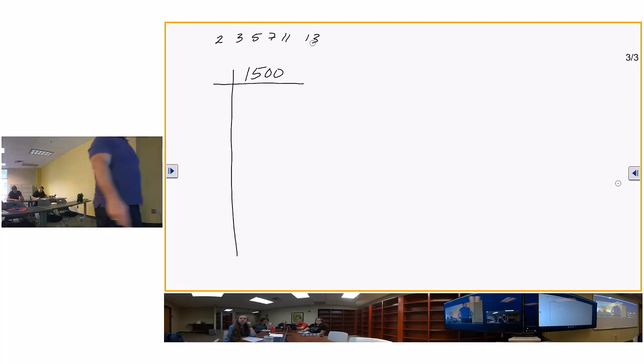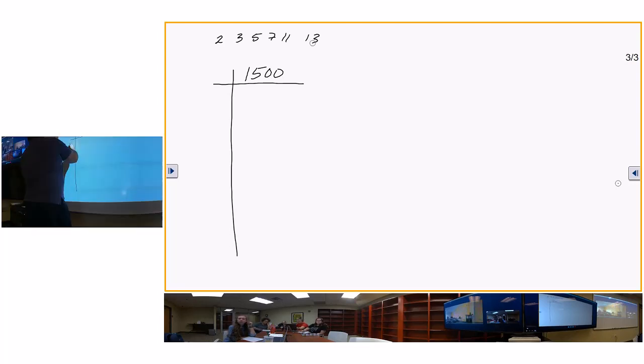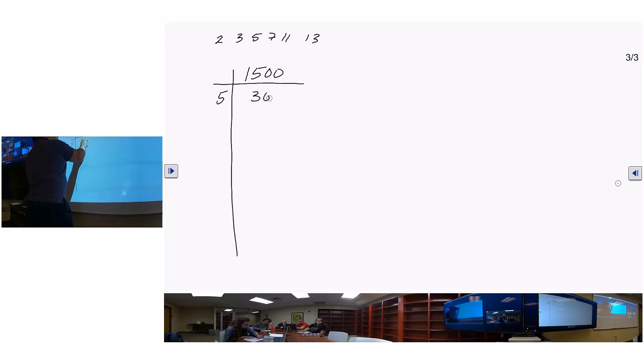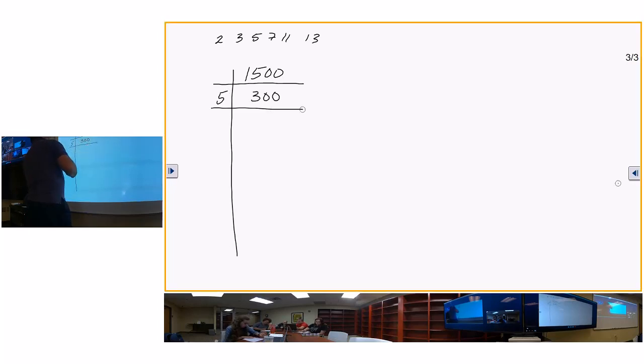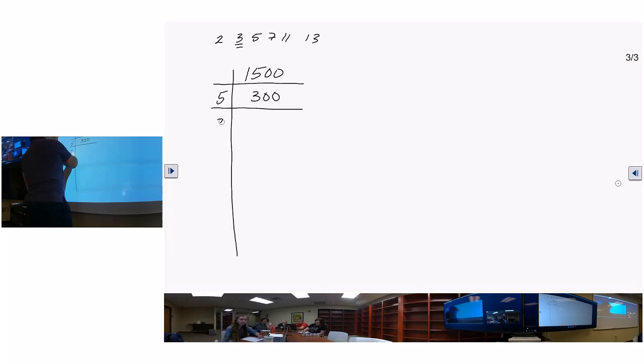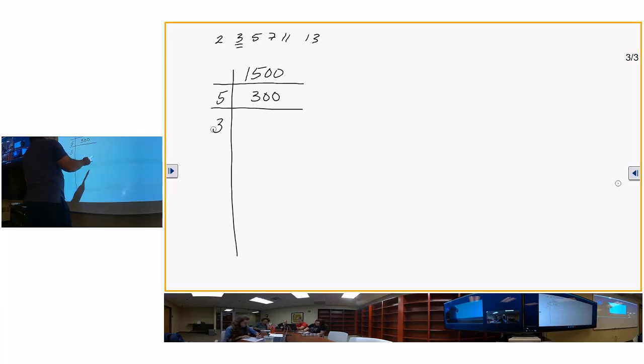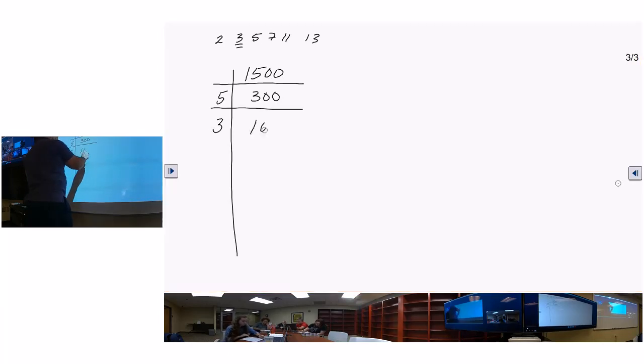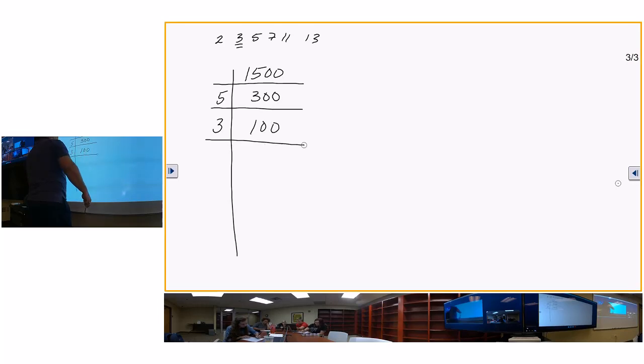I'm going to use 5, because 5 will go into 1500 300 times. Now I can use what to go into 300? 3 or 5, it doesn't matter. I'm going to use 3 because everybody knows that 3 will go into 300. How many times? 100. Now I can use 5 or 2.